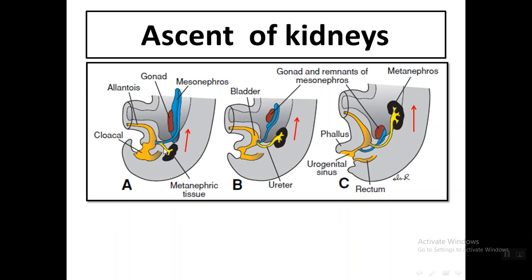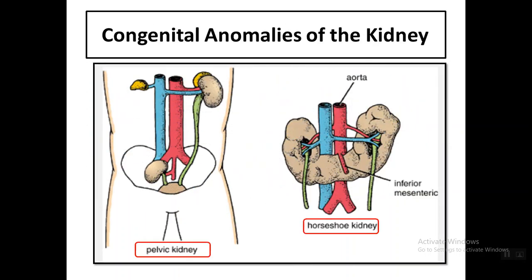So originally it is in the pelvis, then it ascends until it reaches its final destination in the lumbar region on both sides of the vertebral column. So some of the congenital anomalies are the pelvic kidney, or another anomaly, the horseshoe kidney.